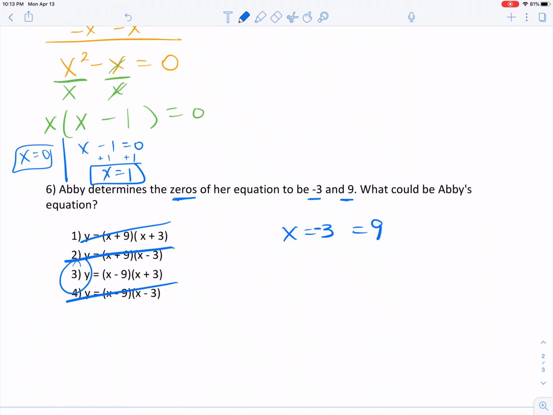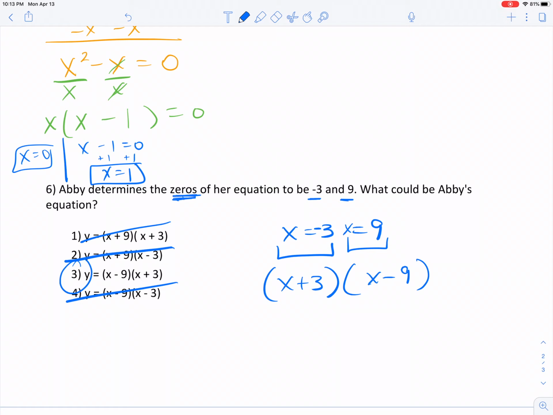More importantly, though, let's look at if x equals negative 3, the factor before that would have to be x plus 3 to give you a solution of negative 3. If the other solution is x equals positive 9, then the factor must have been x minus 9 to get that solution.